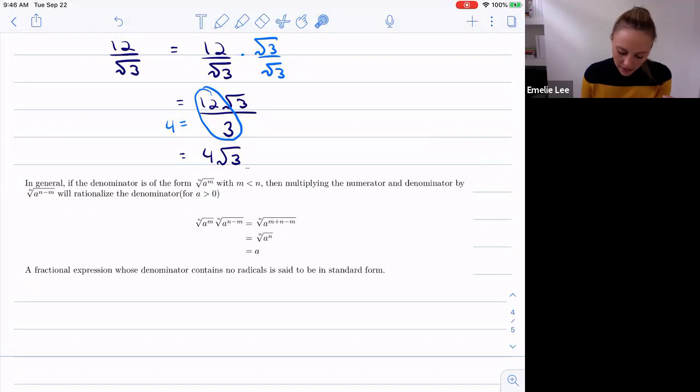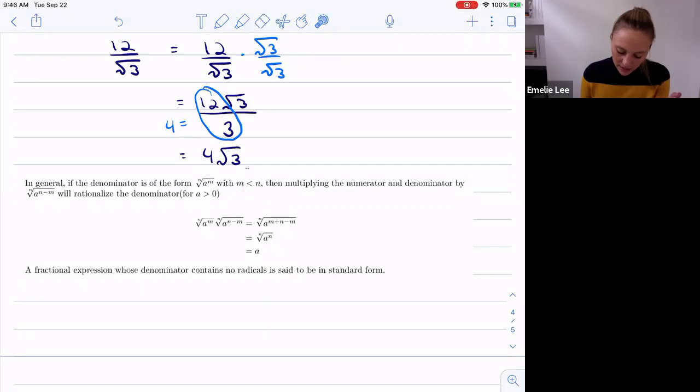Then as long as m is less than n, the reason for that is if m is greater than n, we'll be able to cancel before we have to deal with it. But anyways, we'll just have m is less than n.